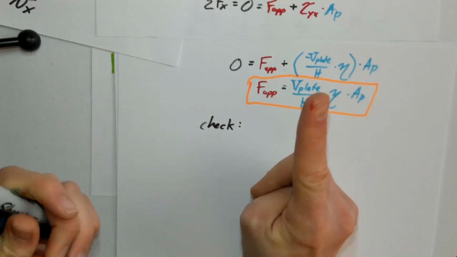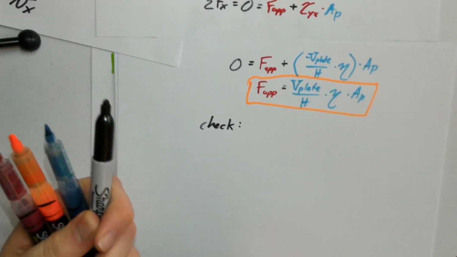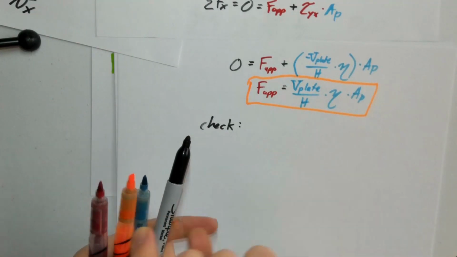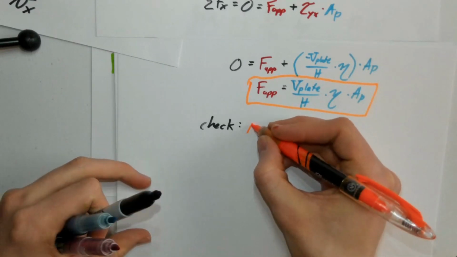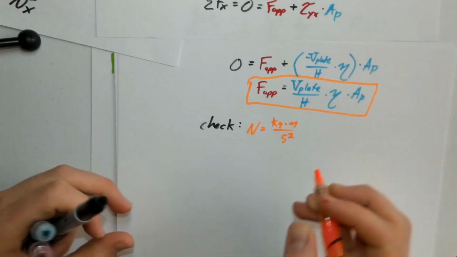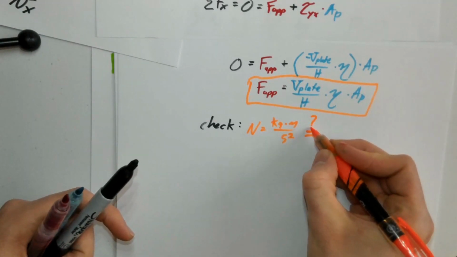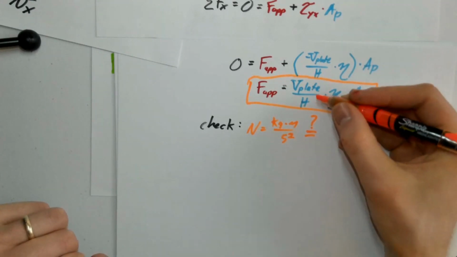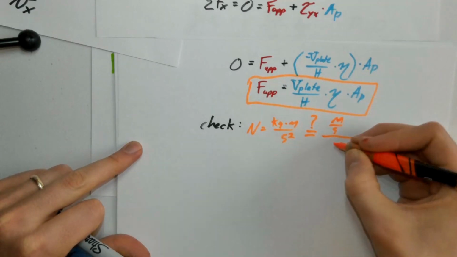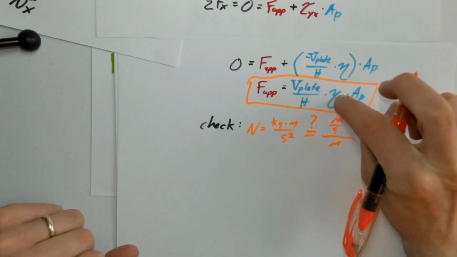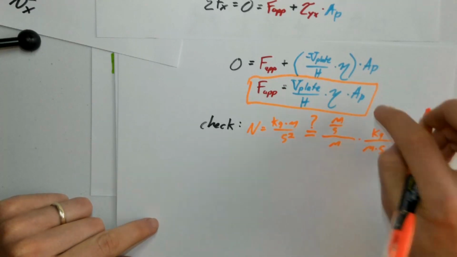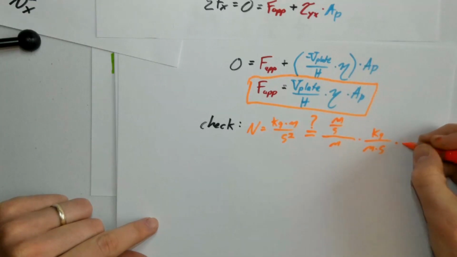Well, we've got to make sure the units on both sides match up, right? So our applied force is in newtons, which is equal to a kilogram meter per second squared. And we want to see if this balances all the stuff on the right-hand side. So we have the velocity of our plate, which is meters per second, h, which is meters, viscosity, which if you dust off the notes has units of kilograms per meter second, and the area of the plate, which is meters squared.